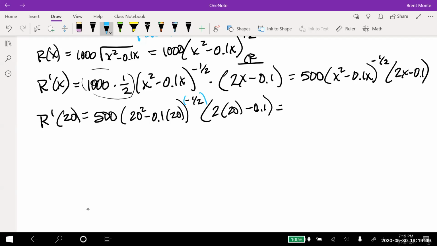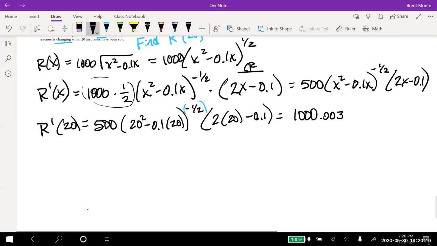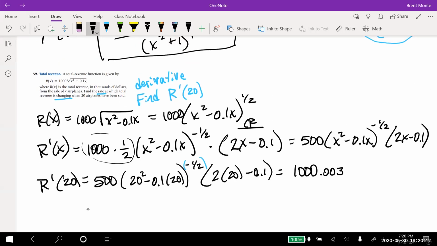And then when I hit equals, I get 1,000.003. The reason I'm doing it to 3 decimals is because notice up here, it says the revenue is in thousands of dollars.